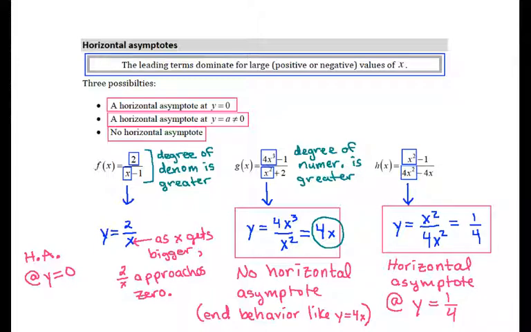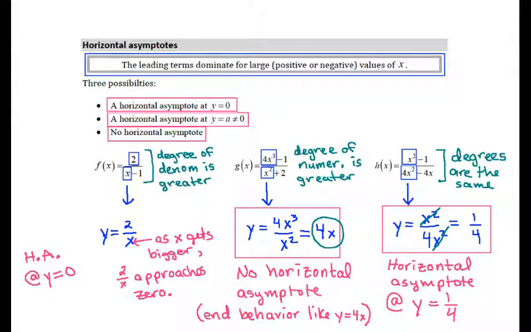If the two degrees are the same, that's the only case where we get a horizontal asymptote that is a number other than 0. We can see why that's true. When the degrees are the same, that's the only situation in which the powers of x cancel out, leaving just a number. So we can think of it in terms of just looking at the leading terms and reducing.